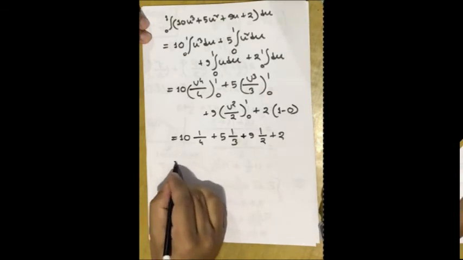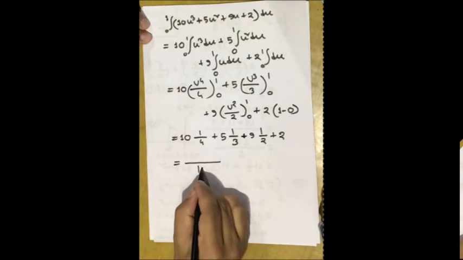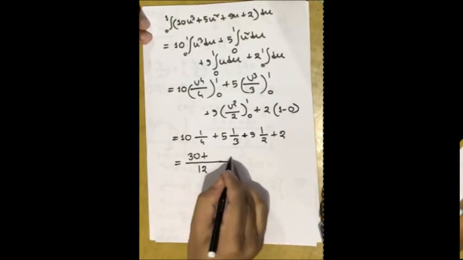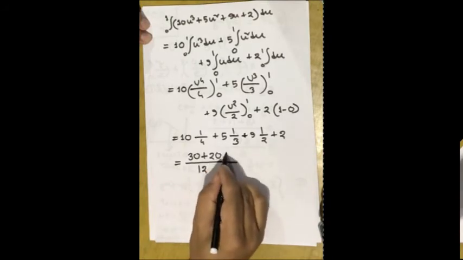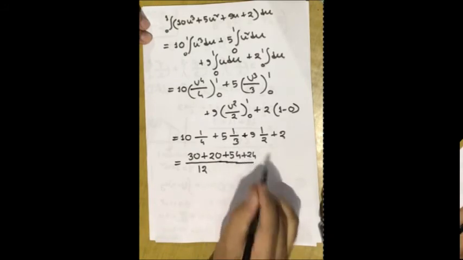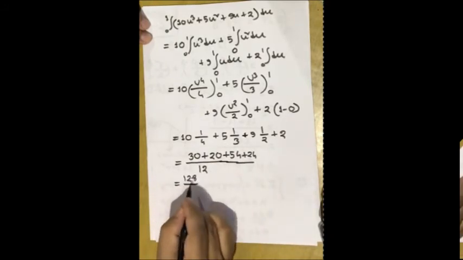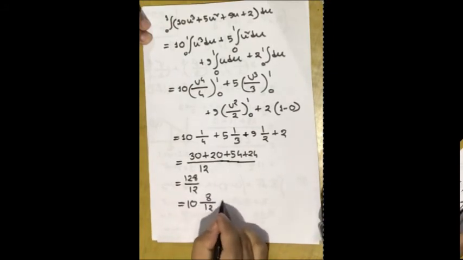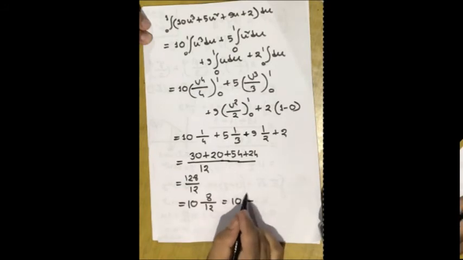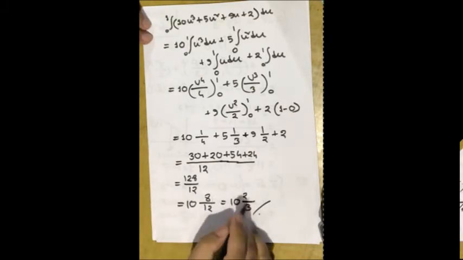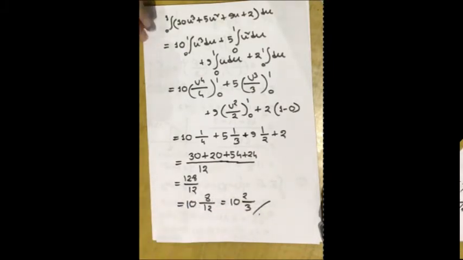If you do this calculation, the common denominator will be 12, so this is 30 plus 20 plus 54 plus 24, so 128 divided by 12, which gives 10 and 2 by 3. This will be our final answer.